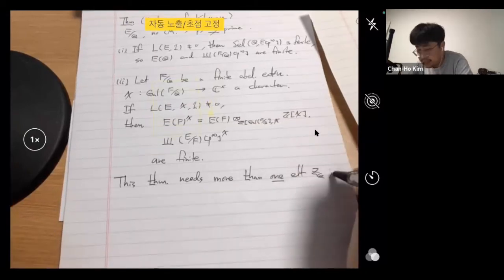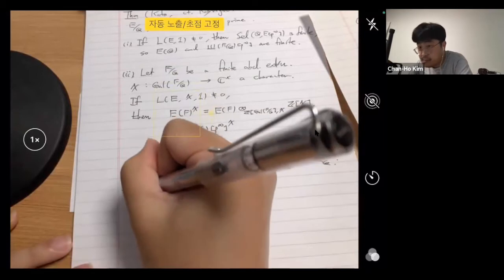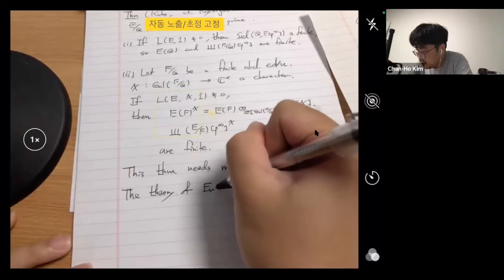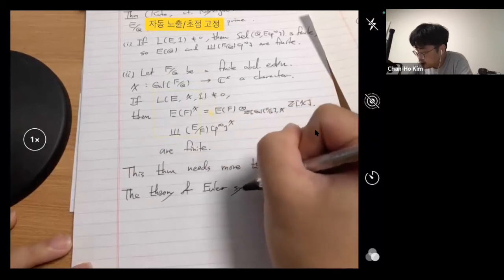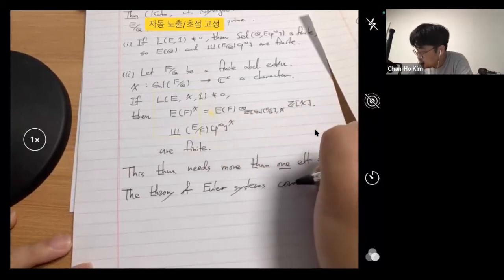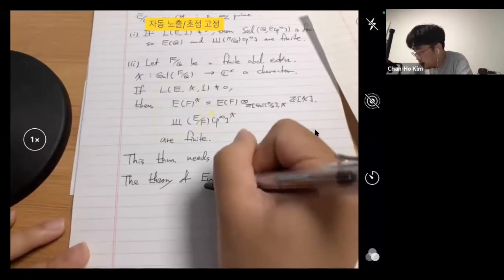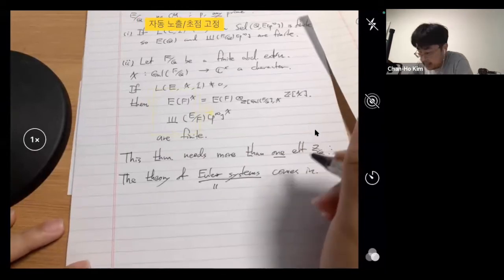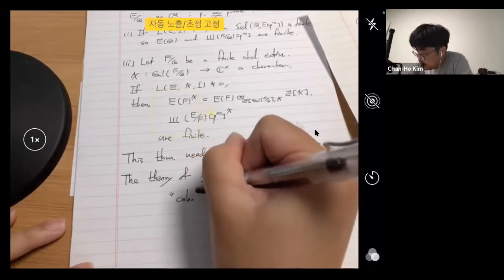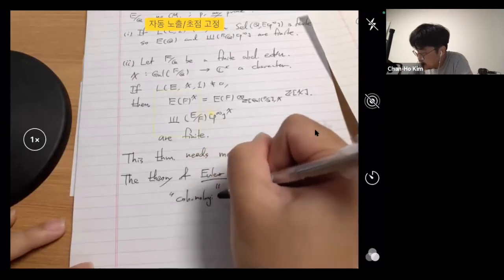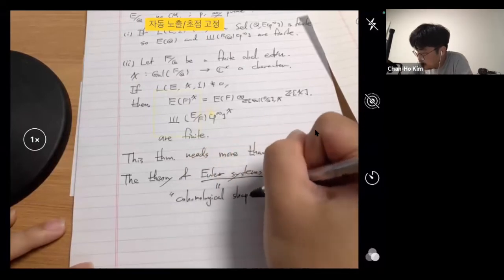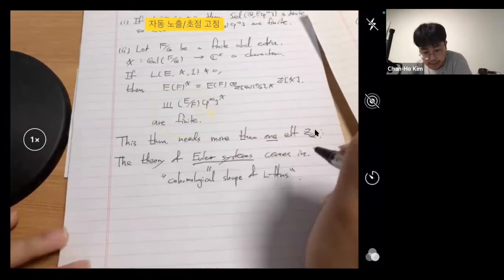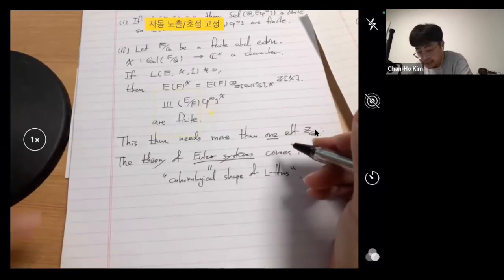Now the theory of Euler systems comes in. What I mean is I usually regard Euler systems as a cohomological shape of L-functions, because of the following two properties.